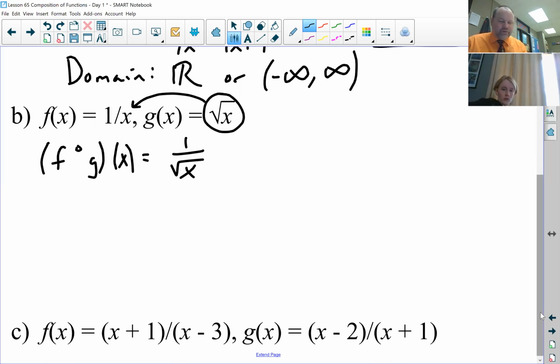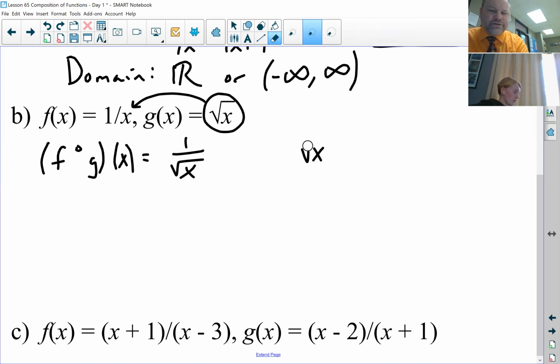Now we need to look at the domain. And if we look first at G, we know that for the square root of X, in order to take the square root, X has to be greater than or equal to 0.